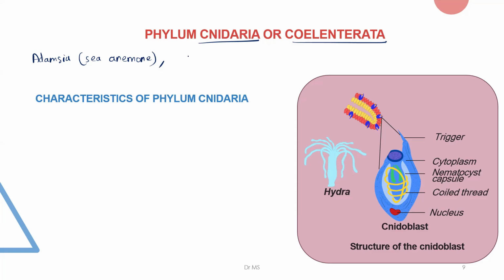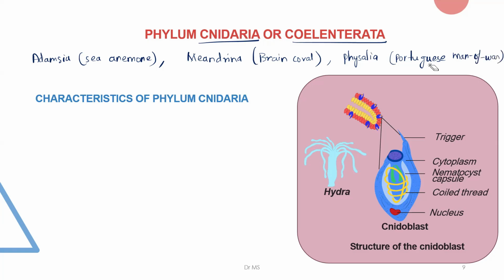The next one is Meandrina, which is also called the brain coral, as it looks like the cerebrum, like a human brain. And the next one is Physalia, which is also called the Portuguese man of war. There was a submarine of the Portuguese warship, and that warship almost looks like this organism, so they named it the Portuguese man of war.